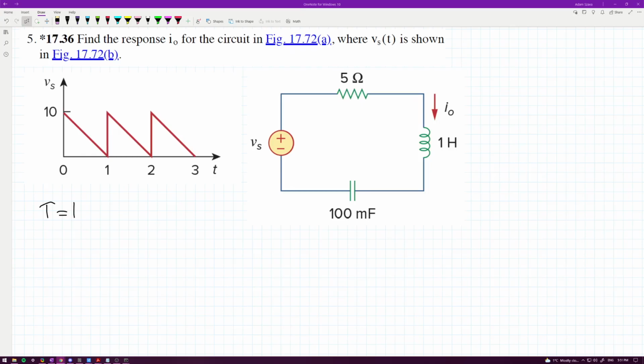So, okay, so they turn it into... Okay, so over one period of t, we can say that Vs is equal to, so just this line segment right there would be 10 minus 10t, right?